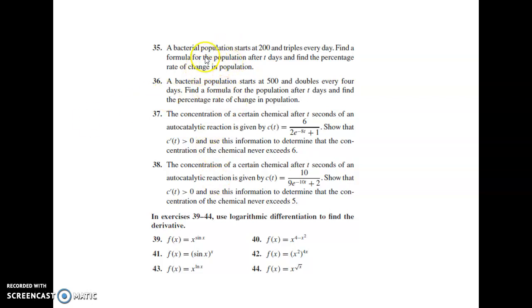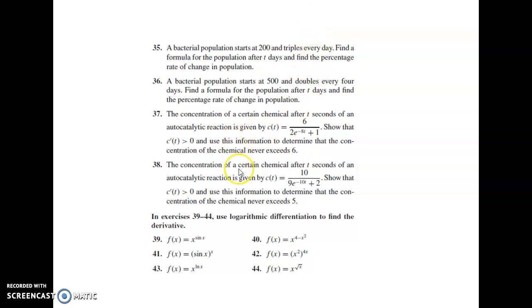And here, question numbers 35 and 36 are exponential functions because it triples. Triples means the function will be 200 times 3 to the power t. This is 500 times 2 to the power t because it doubles. It triples, so 3 times 3 to the power t; doubles, 2 to the power t.